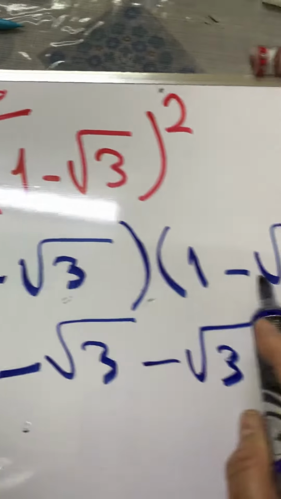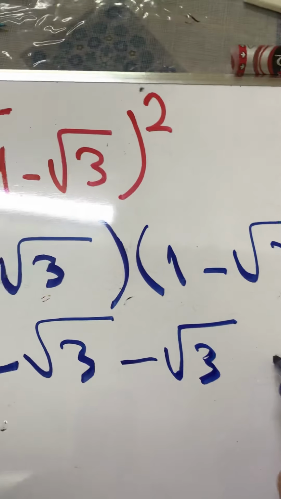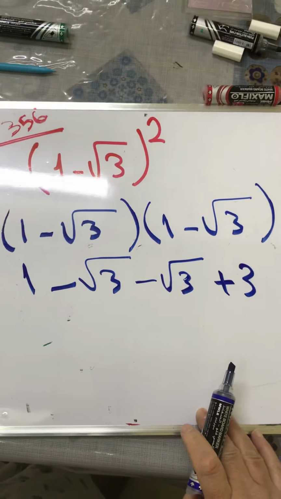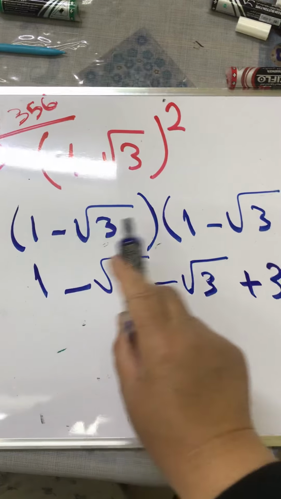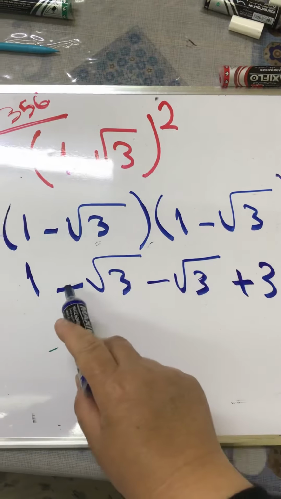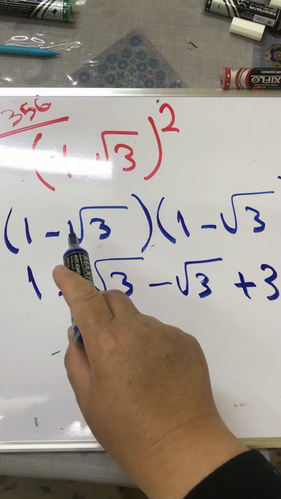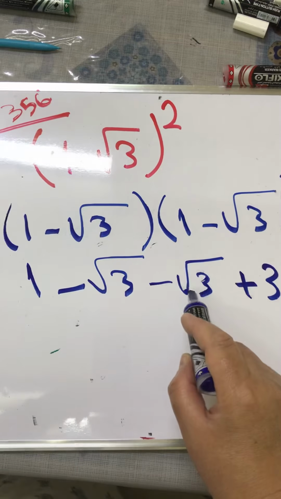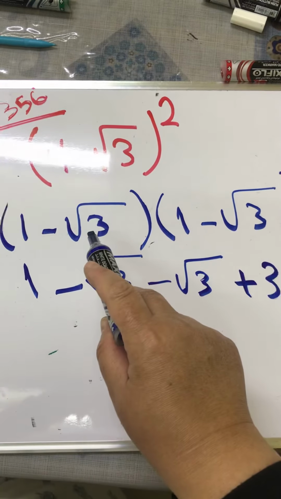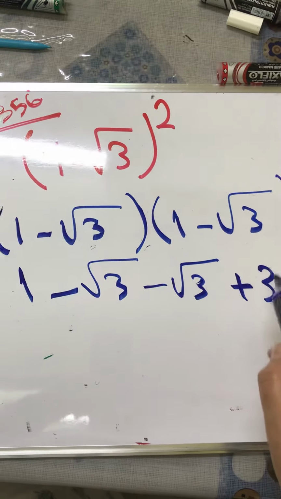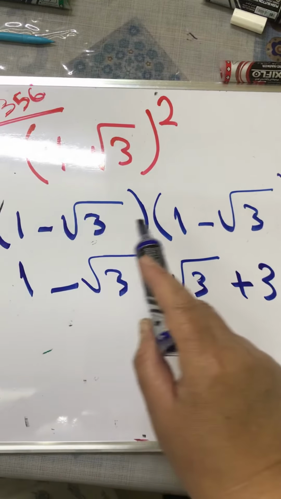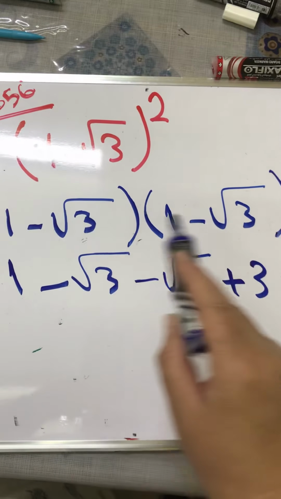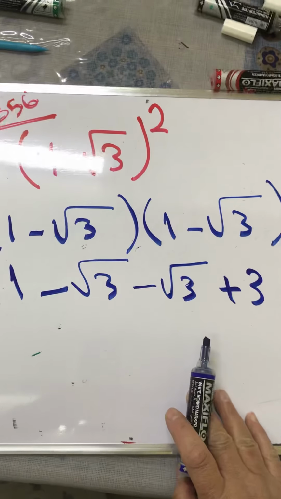Negative square root of 3 times negative square root of 3 equal positive 3, because the square root multiplied by itself equals the number under the square root, as we explained before.